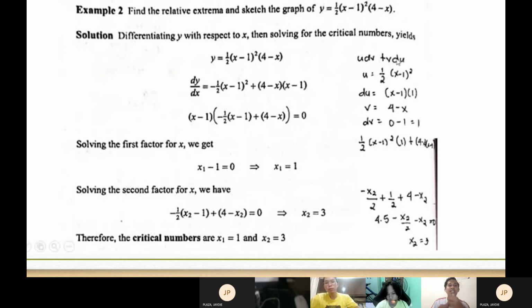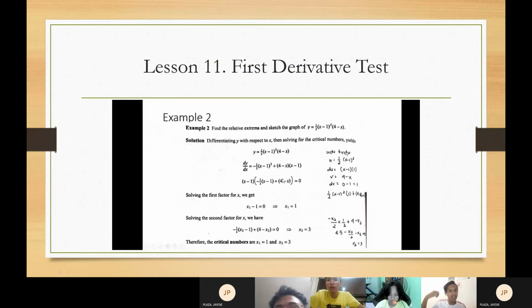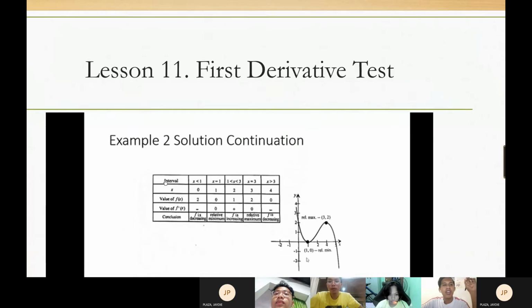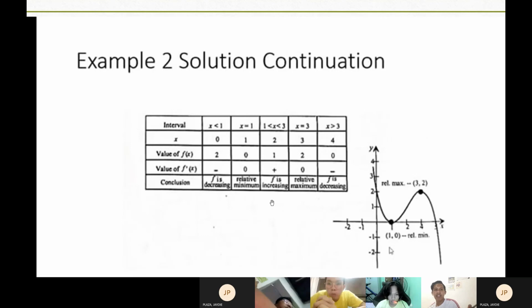Next slide is the sketch. Enlarge it again. So for the intervals in Miss's table, if x is less than 1, we use 0.